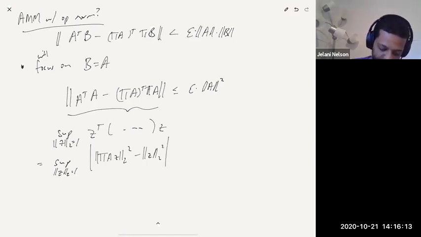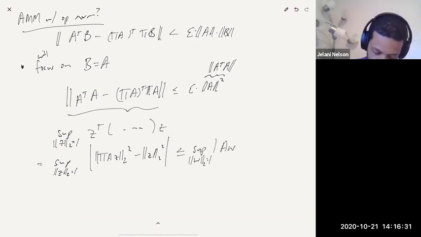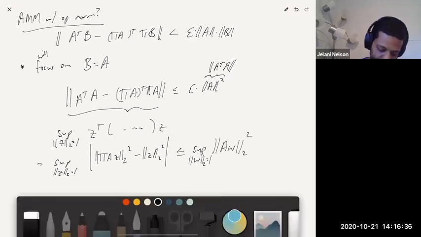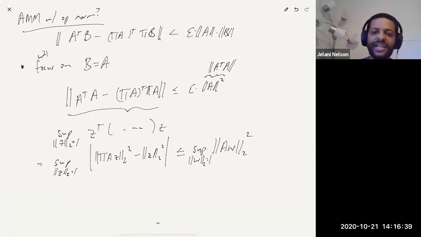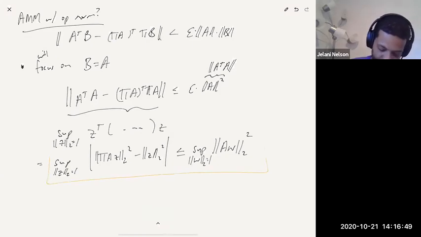And the right-hand side is also the operator norm of A transpose A, so this is saying it is at most epsilon times the sup over all W of the L2 norm of AW squared. So to say that pi lets you do AMM with respect to operator norm is basically the same thing as saying that this inequality is true.